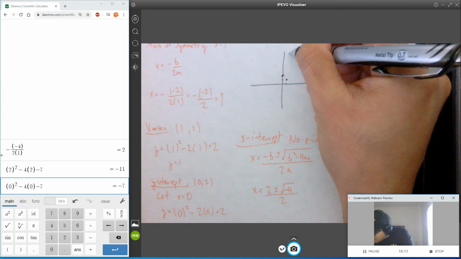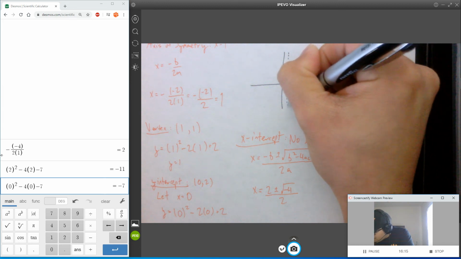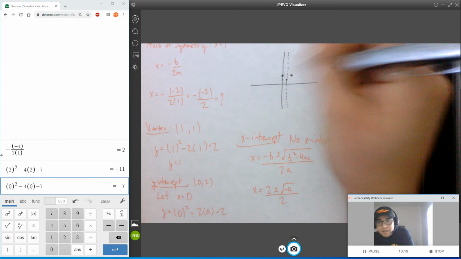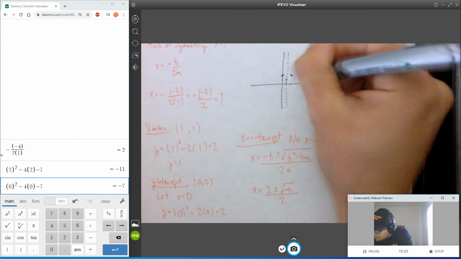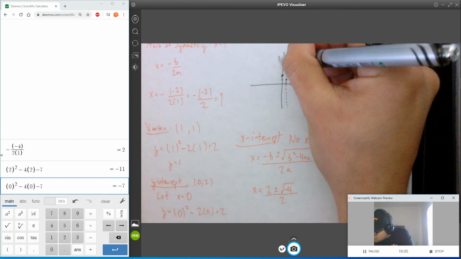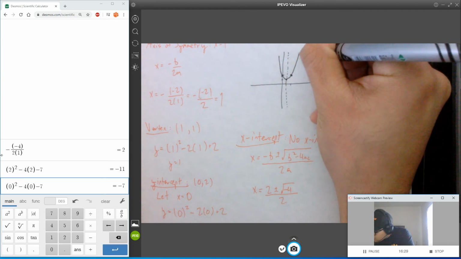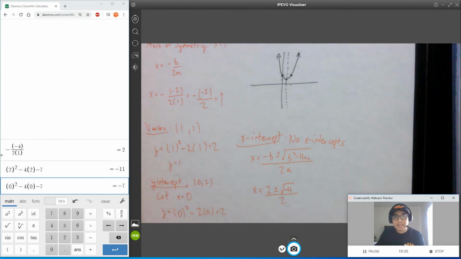And since my axis of symmetry is right in there, that means I have another point directly 1 unit away, right over here. If I were to draw the sketch, notice that I have these 3 key points and I have no x-intercepts. So in this situation, we have no x-intercepts, and that's what we're trying to find in the following.